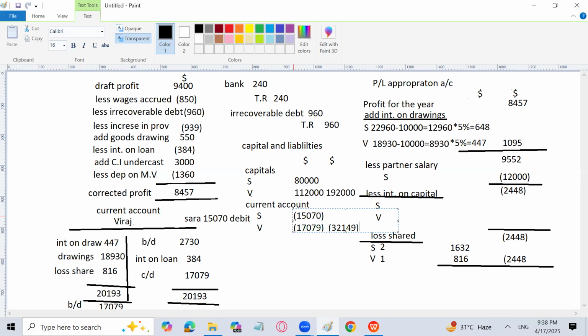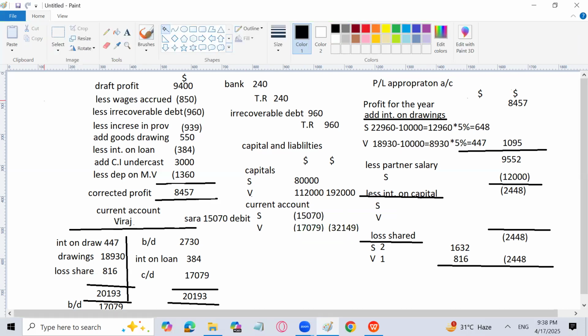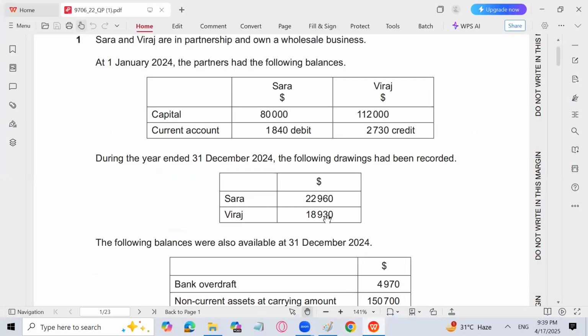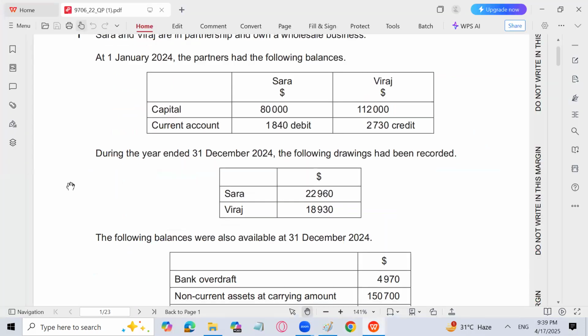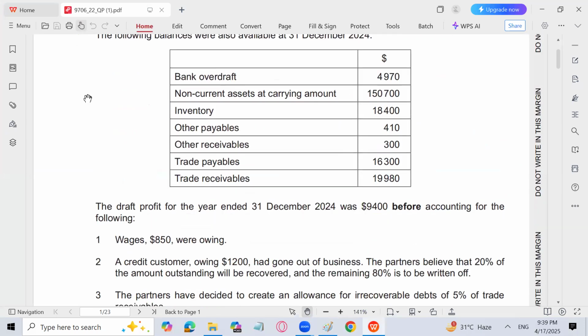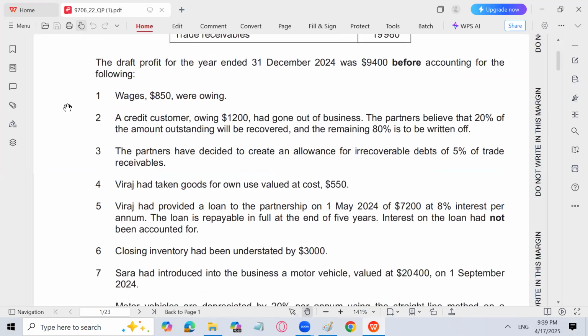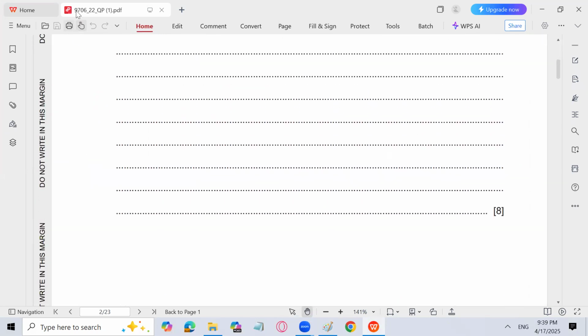Okay. Now I will write the non-current liability section if given in the question. Then where is this 15,070 from? Yes, 15,070 is the closing balance in Sarah's current account. Because the question didn't ask us to prepare Sarah's current account, the balance is given directly in the question.